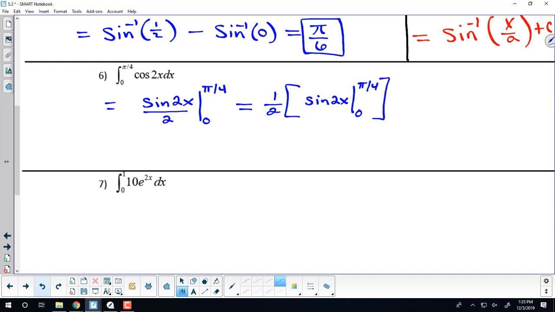So I think the big thing here is being able to find the antiderivative. The next thing is being able to successfully apply the second part of the fundamental theorem in how you evaluate.